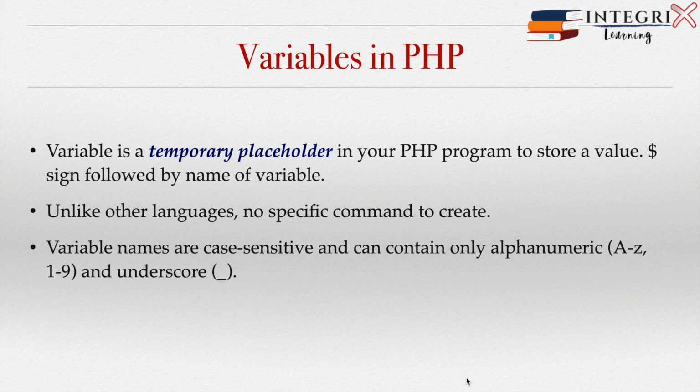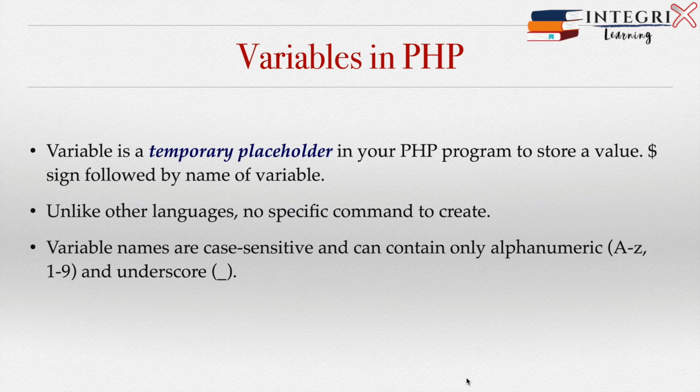Conceptually, a variable in any programming language is a temporary placeholder. A variable is an area in memory when the program is executed, be it PHP, Java, C, C#, or any other language. It's a storage area in memory where a value is stored temporarily.